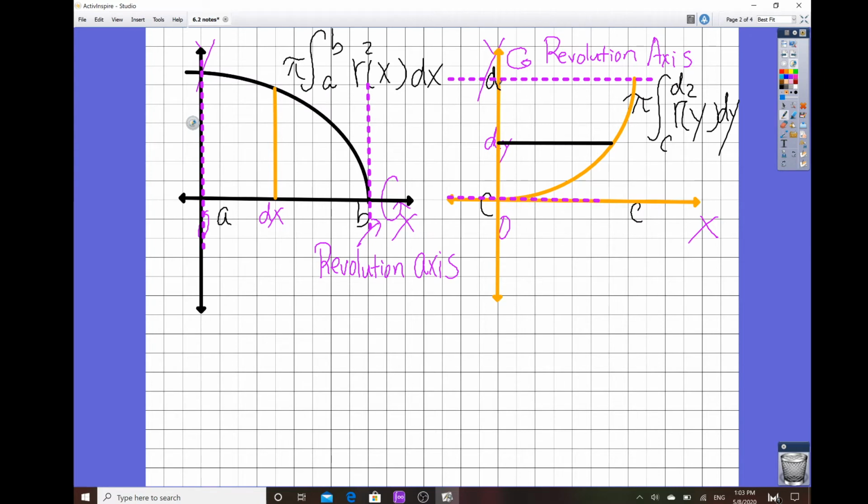Okay, here's another one. If it's horizontal, it's the integration from c to d of r of y dy times pi, and once you revolve around the y-axis, you get the volume, a cone-like shape. For this one, it's going to look kind of like this.